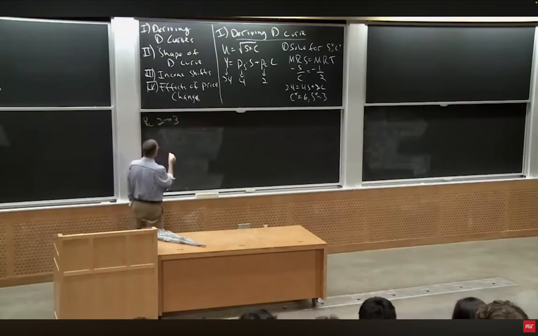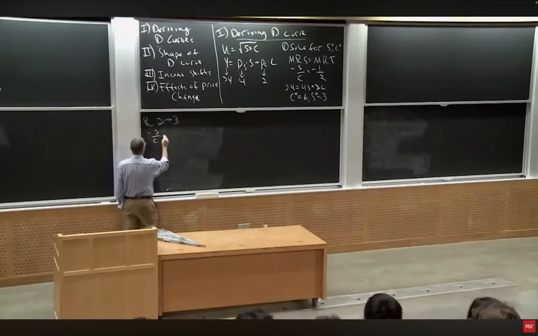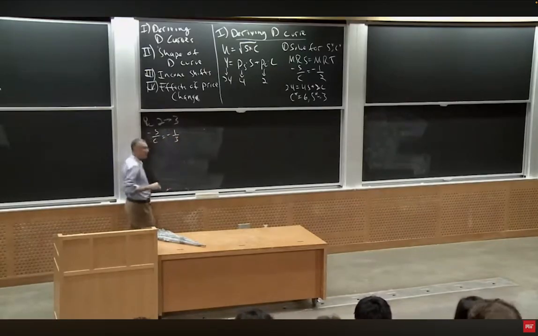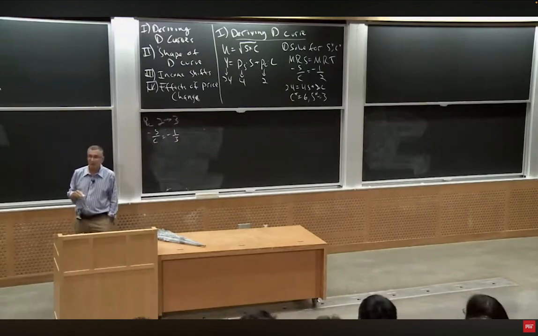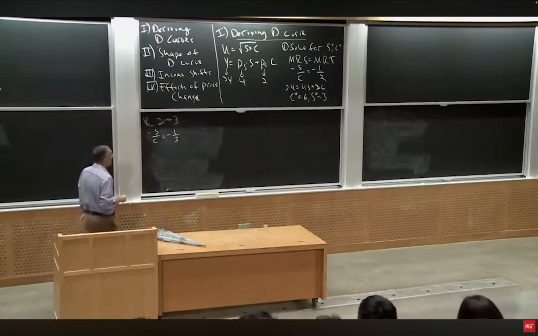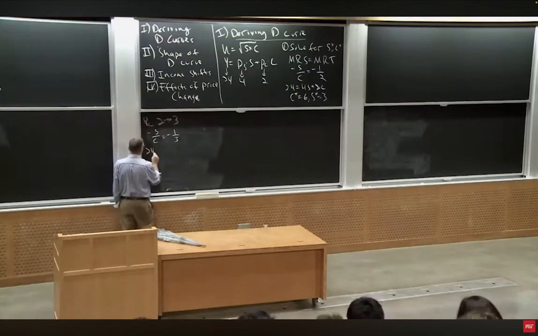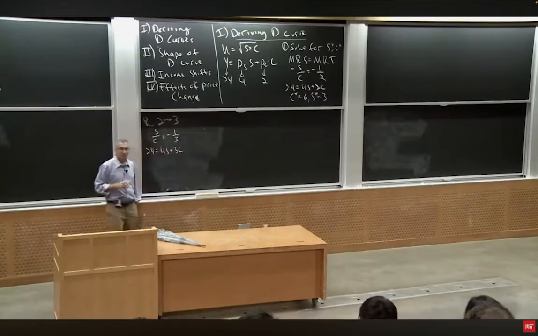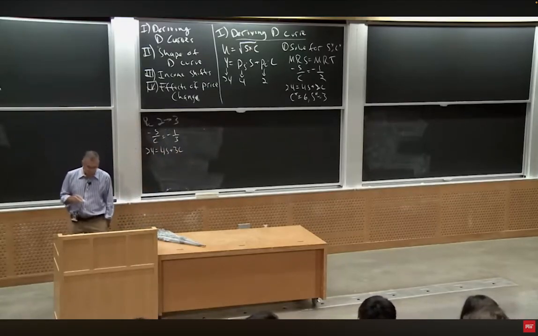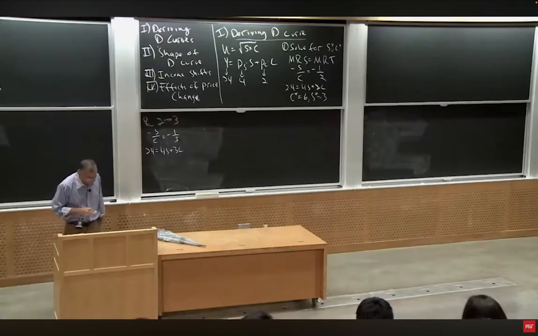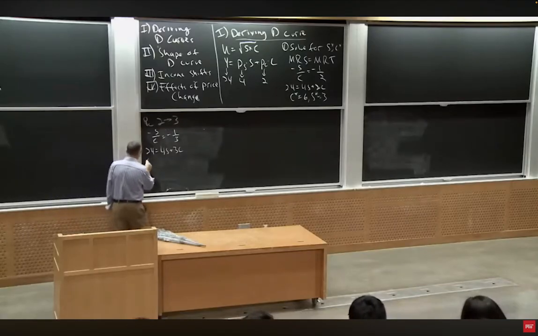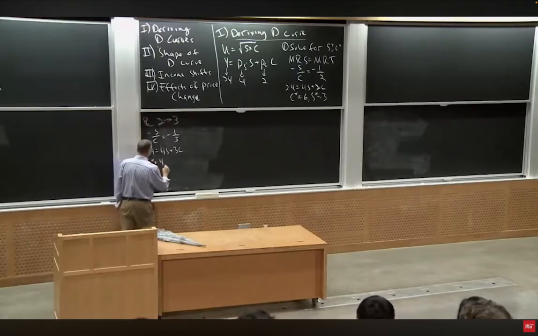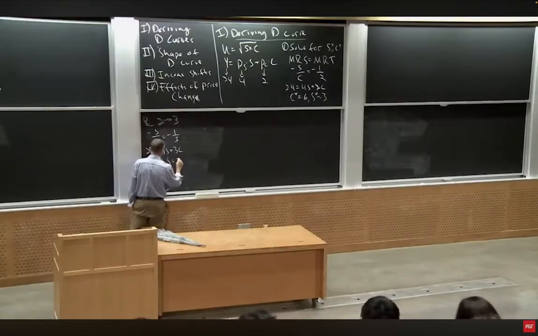So your optimization problem is set minus S over C equal to minus 1/3, not minus 1/2. Your budget constraint is now 24 equals 4S plus 3C. Once you have 2 equations in 2 unknowns, you solve that, and you get that C star equals 4, S star equals 3.